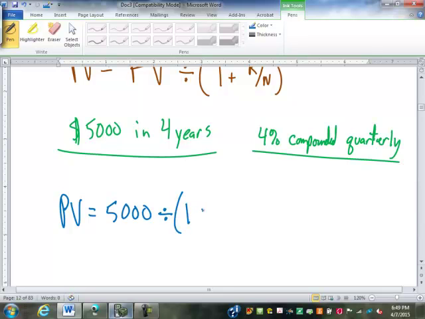Everything else is the same. 1 plus 0.04 for 4%, divided by 4, because it is quarterly, to the power of 16. 4 years quarterly, so 4 times 4 is 16 periods.